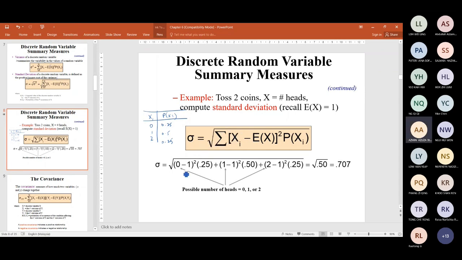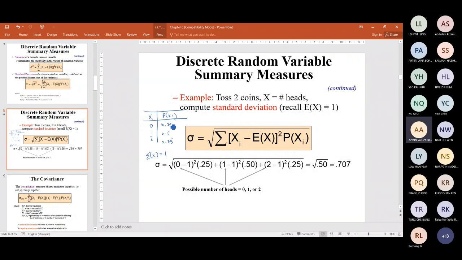So you just substitute your Si. The first one is 0. We know that the mean, the average, the expected value is 1 just now. So 0 minus 1, squared, times PSi, the first one 0.25.